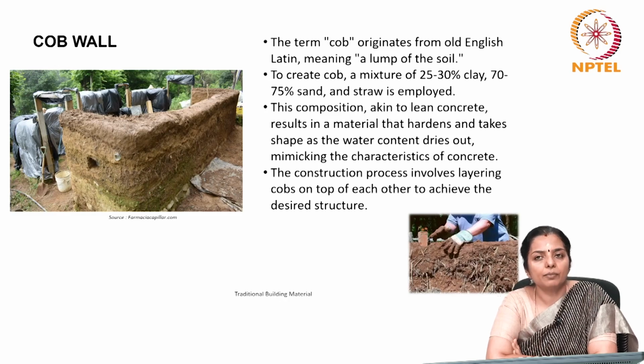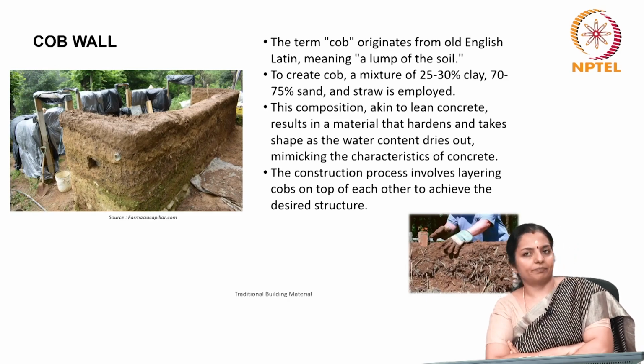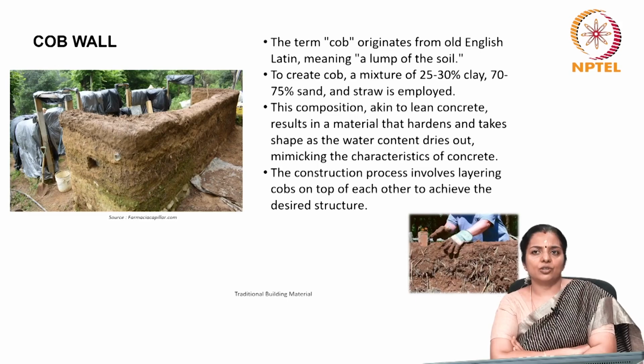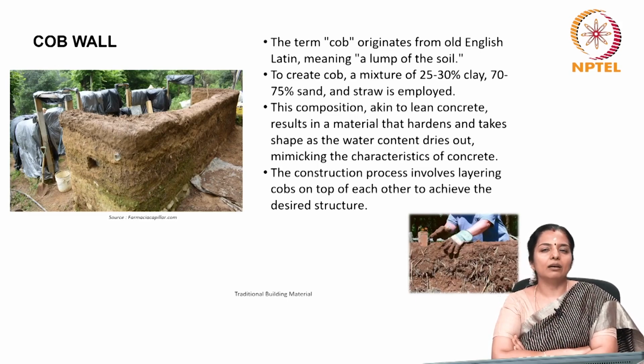The construction process involves layering cob on top of each other to achieve the desired structure. The word cob actually is an Old English root that denotes a spherical bulk or lump.